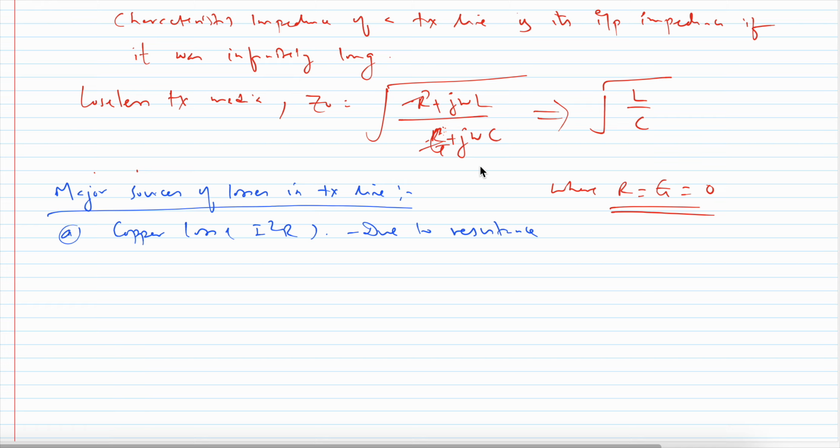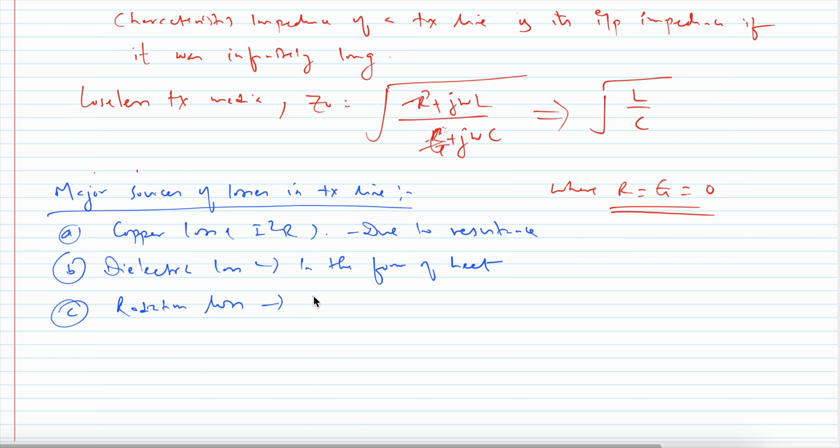Then two is dielectric loss, in the form of C loss. Radiation loss, radiation of RF power in free space or nearby circuit.